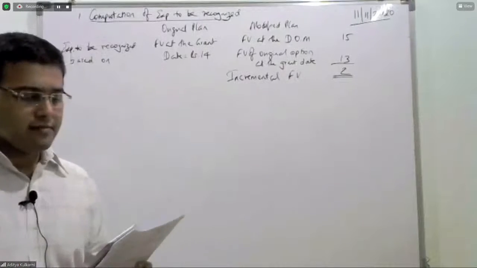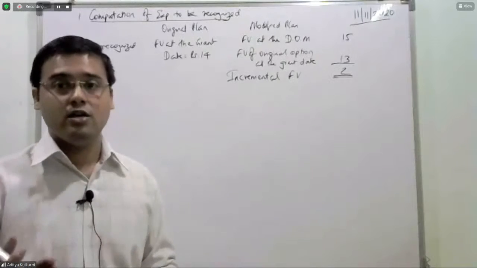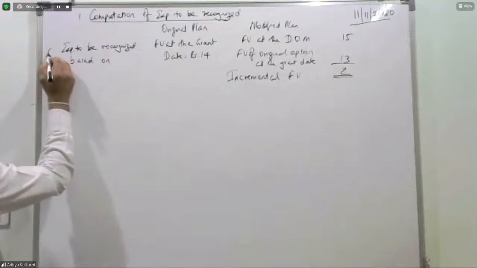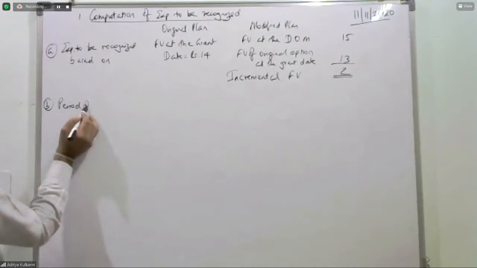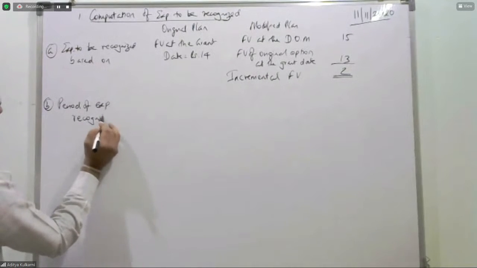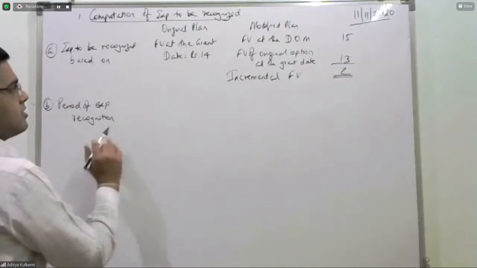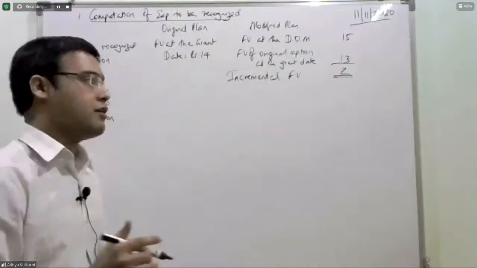And this incremental fair value will be recognized as an expense when? Over the next 2 years. So therefore, this is A, and B, period of expense recognition. How will you do that? You will say this plan will continue to happen over a period of 3 years.